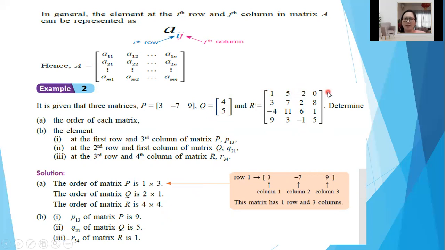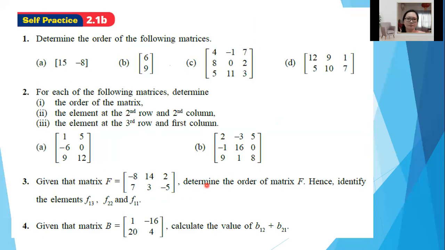Third row, 1, 2, 3. Fourth column, 1, 2, 3, 4. So find the intersection between the row and the column. So our element is 1. Okay. So try your self-practice 2.1b after you have gone through the example just now.